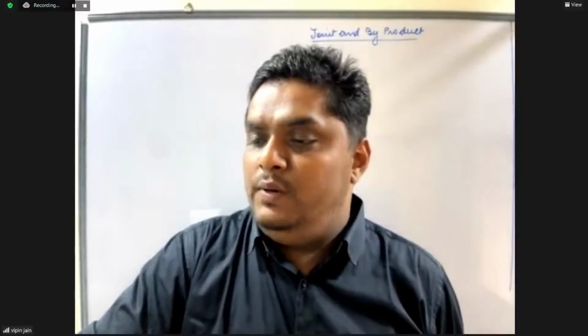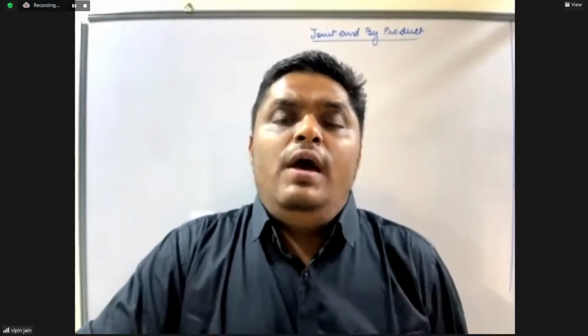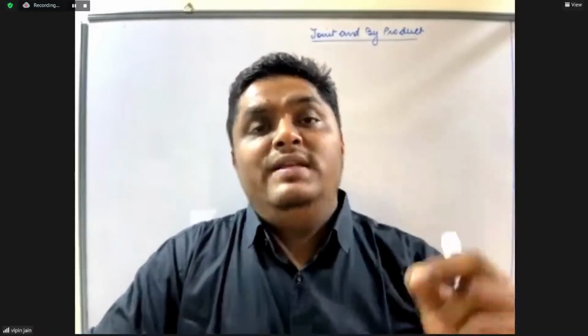Further, I expect that you guys have solved all the questions of process costing of study material and past practice manual. So now let's start with a new chapter that is joint and byproduct. This chapter is in continuation of the chapter we have already discussed, that is process costing.